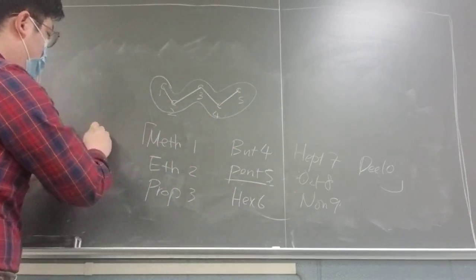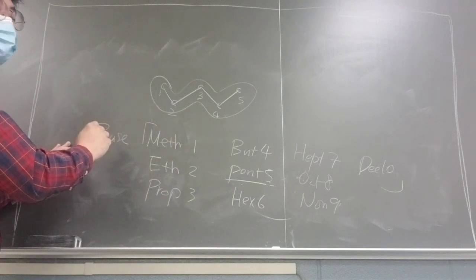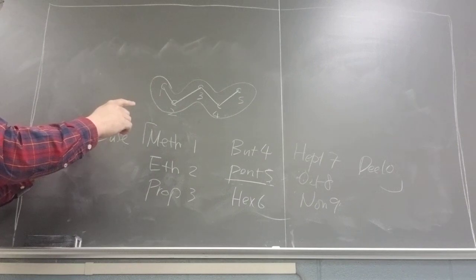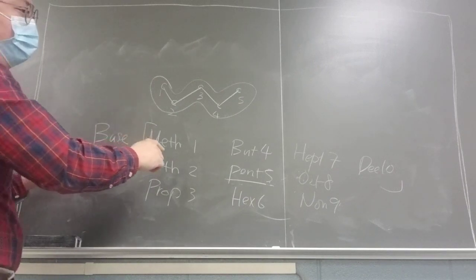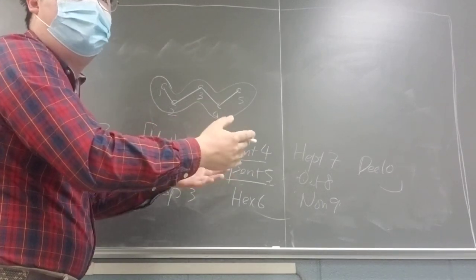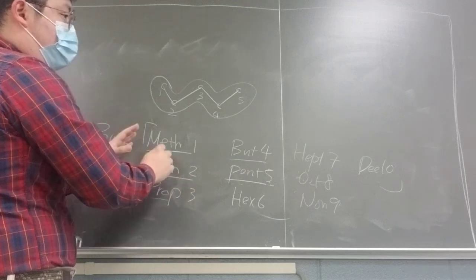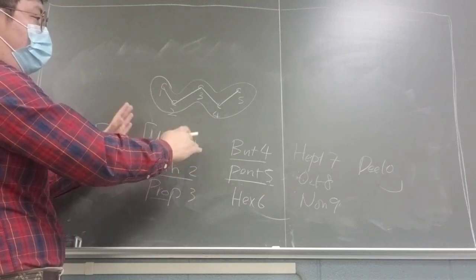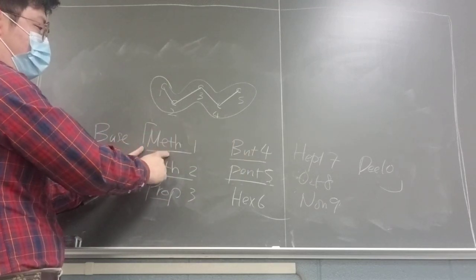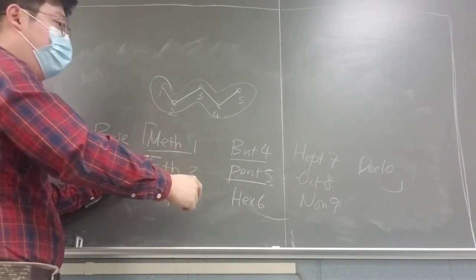Those are the names for the base. But you said it would never be more than 5, that's what confused me. Oh, just 5. Never mind. So you just go by numbers, and this means how many carbons are in your base that will take that name.